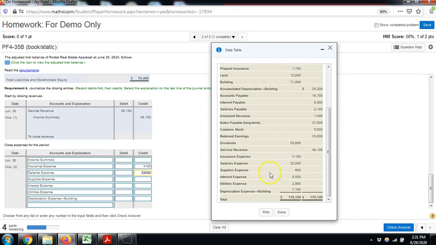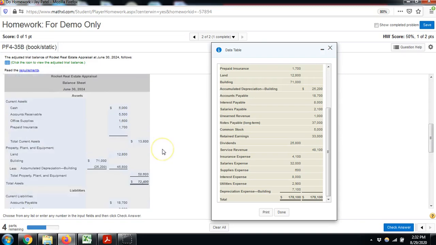And again, we're getting them from our unadjusted trial balance here. And so when you add up all these credits, you basically get a debit of $54,700.